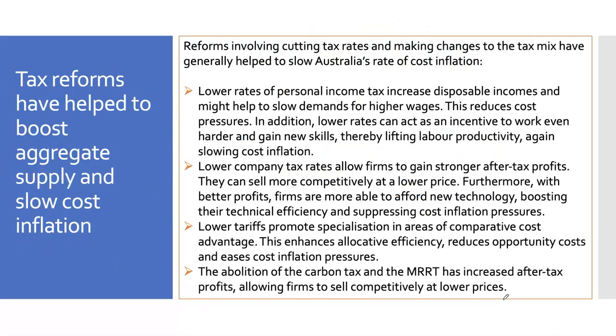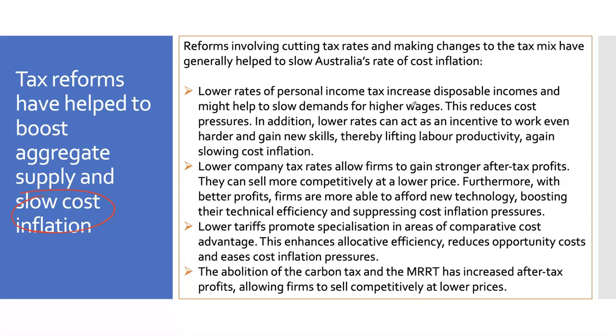Now, specifically, I'm not going to go through all of this. Tax reforms should help us achieve our macroeconomic goals. Tax reforms should and have helped us slow inflation, as lower rates of personal income tax increase disposable incomes, which might help slow demands for higher wages.